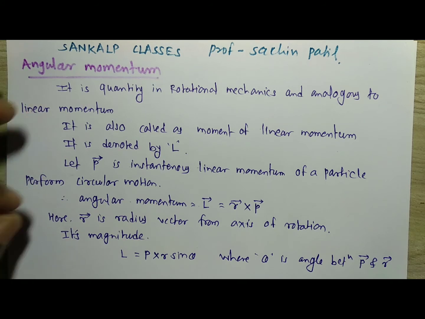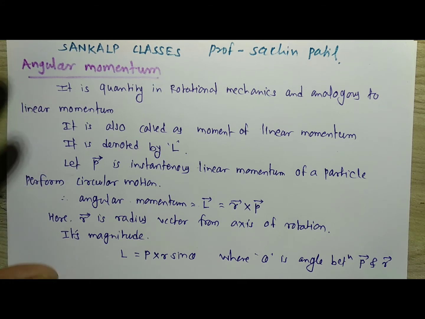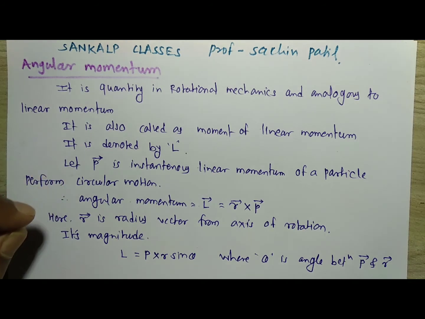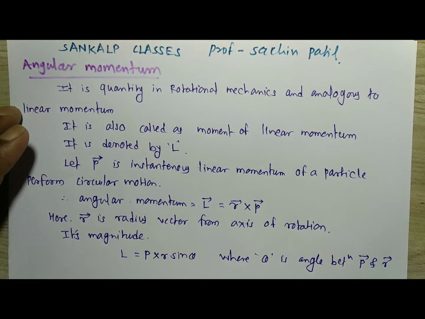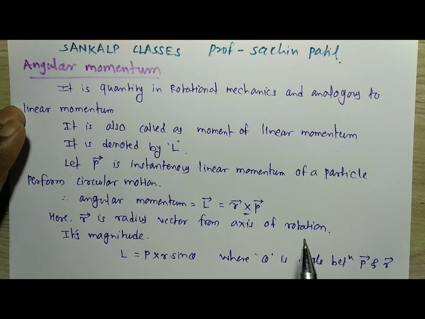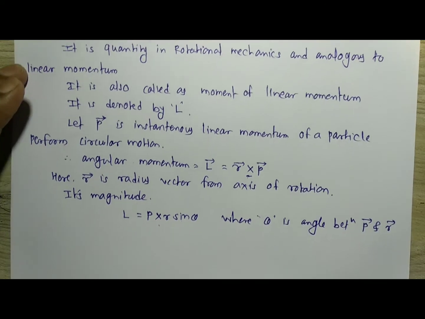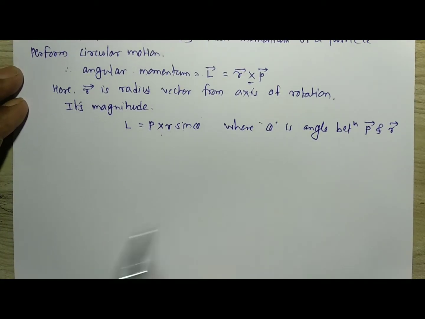If P bar is the instantaneous linear momentum of a particle performing circular motion, then L bar is equal to R bar cross P bar, and by the cross product its magnitude is L is equal to P into R into sine theta, where theta is the angle between P bar and R bar.